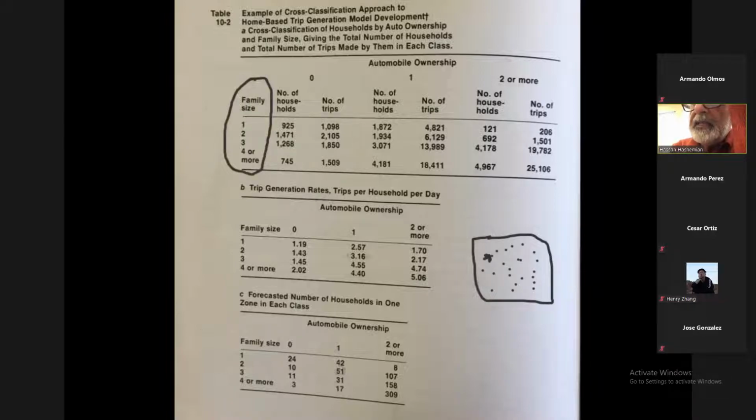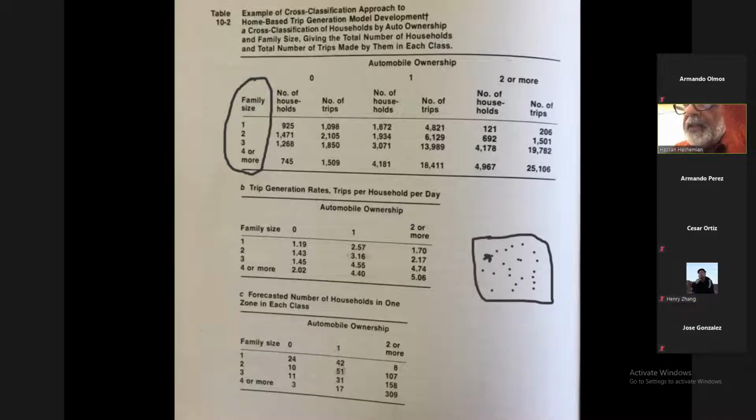So some of them said there's one person in the household. Some of them said there are two persons in the household, 3 or 4 or more. So that was the number of households. And then we asked them, how many trips do you make per day? So they told us, let's say 1 trip or 2 trips or 3 trips.